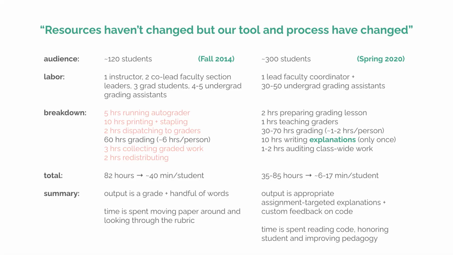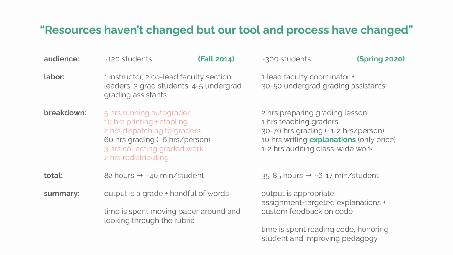And most of our time here, as you can see, in red, was mostly on logistics. So I would spend 5 hours running the auto grader, 10 hours printing and stapling, 2 hours dispatching to graders, 3 hours collecting graded work, 2 hours redistributing it.